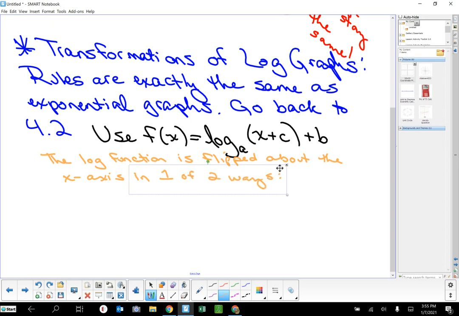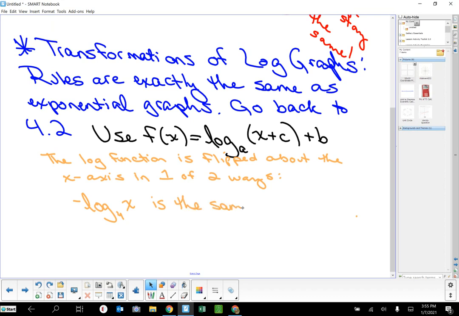So you could see this written either of these ways. It could look like this. Negative log, I wrote that wrong. That's supposed to be a 4. Negative log base 4 of x is exactly the same as log to the 1/4, that's the base, of x.